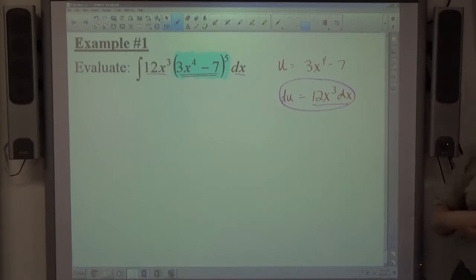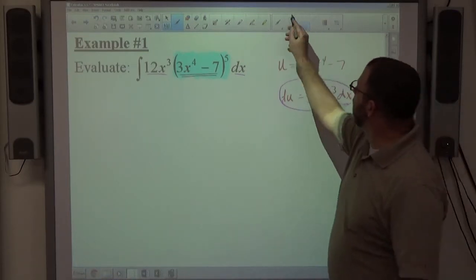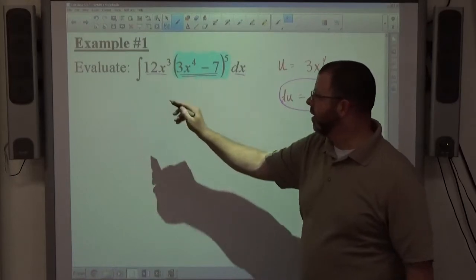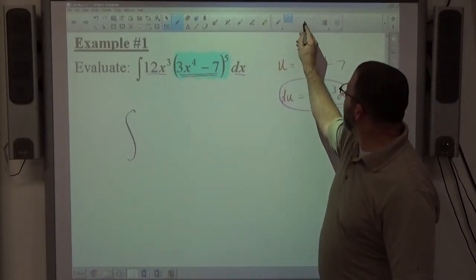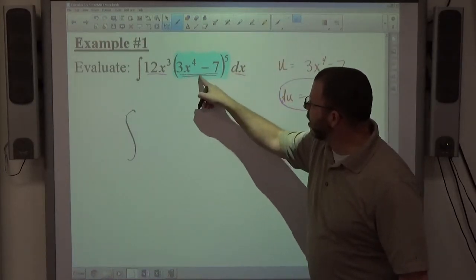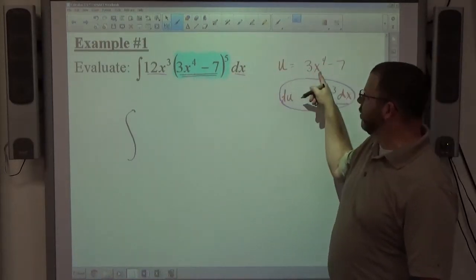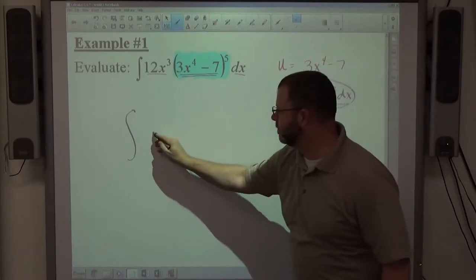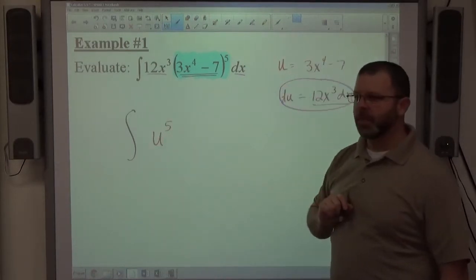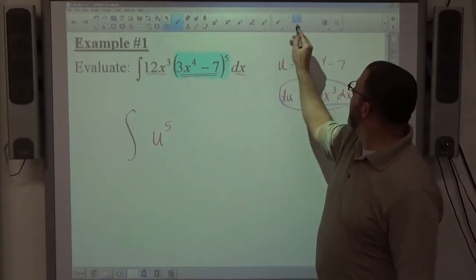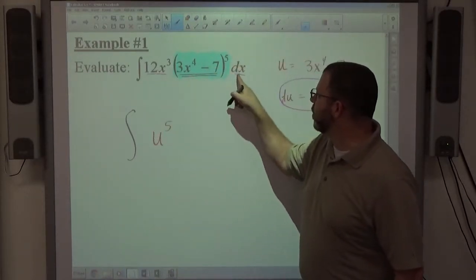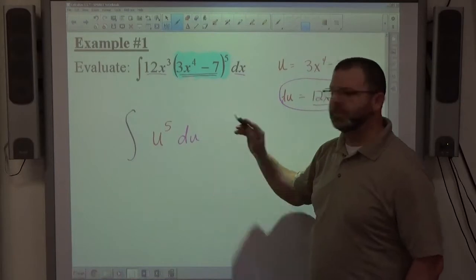So the whole idea of u-substitution goes like this. That's my problem. I've got an integral symbol, and I've got this argument to the 5th power. That argument is u. So that's u to the 5th power. And this stuff underlined in purple, 12x cubed dx, is du.